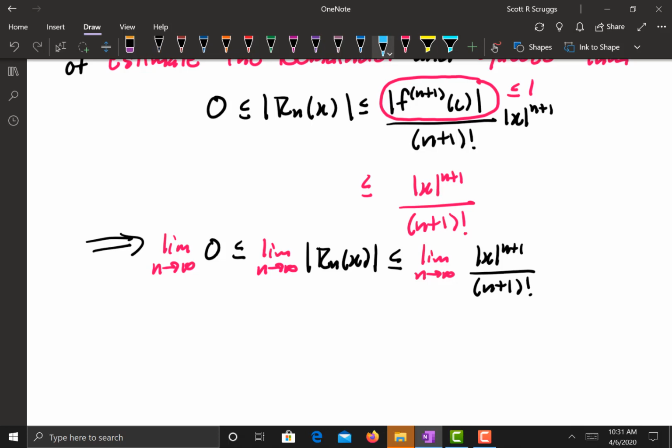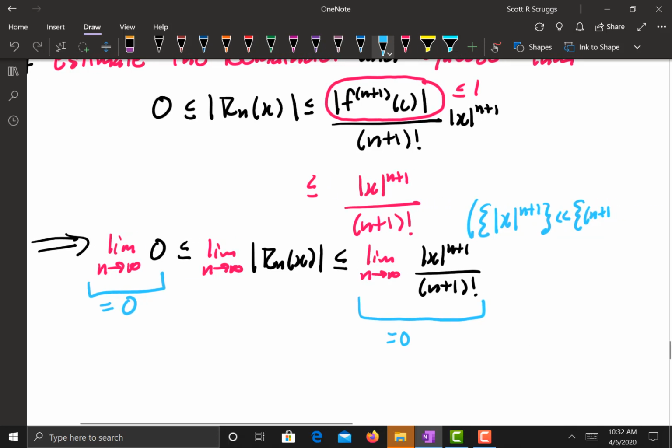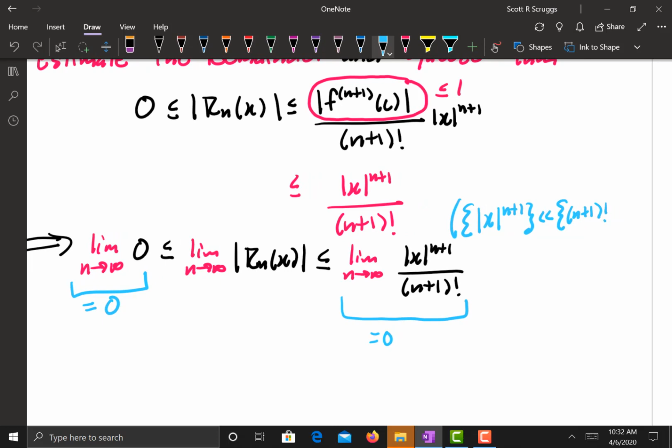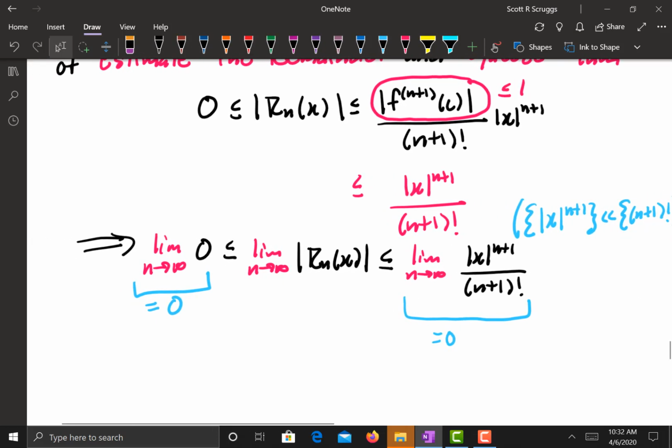And now let's evaluate that guy. Well, the limit of a constant is just a constant. And this is going to equal 0 because no matter what value for x I plug in, by growth rates, this will always grow significantly smaller than n plus 1 factorial.